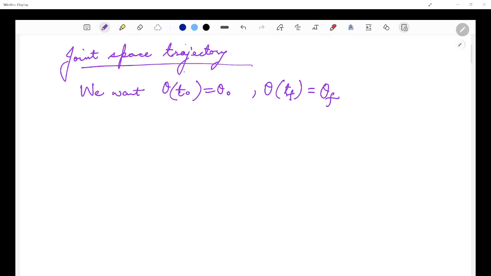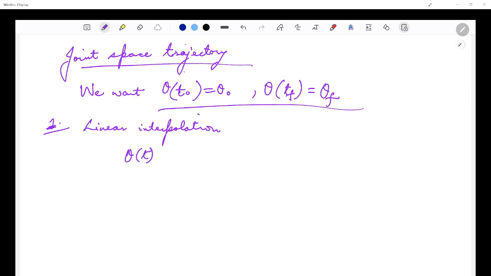Okay, so the first method that we can use, if we just want these conditions to be met, is linear interpolation. Right, so what we can do, we can write theta at some point of time as theta final minus theta naught upon tf minus t naught, which is basically the slope. This is just writing the equation of the line, right?